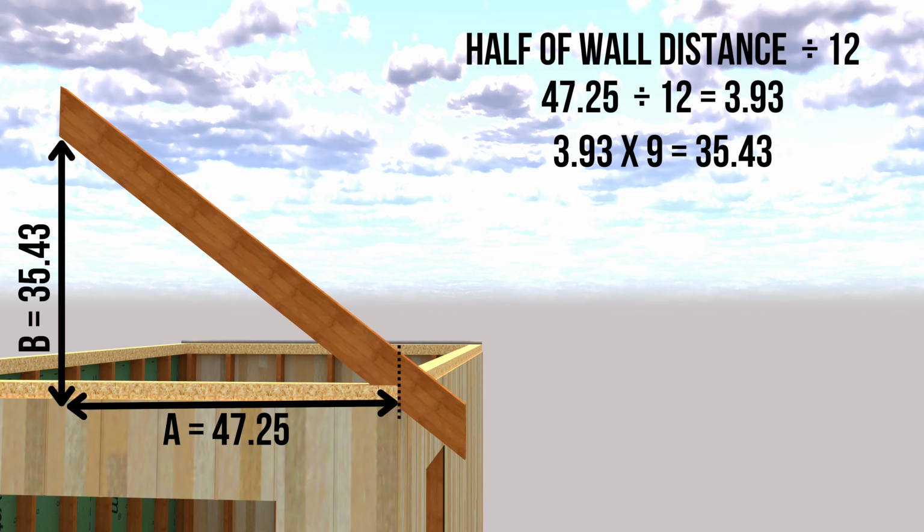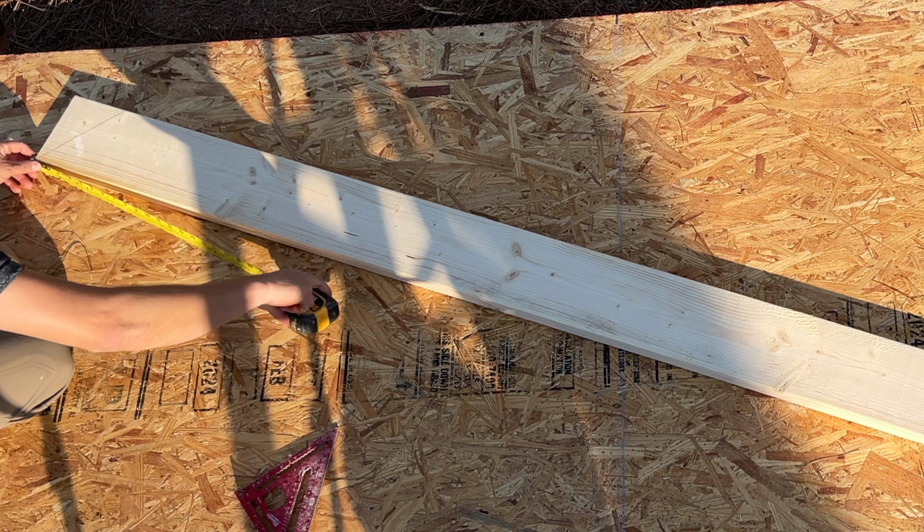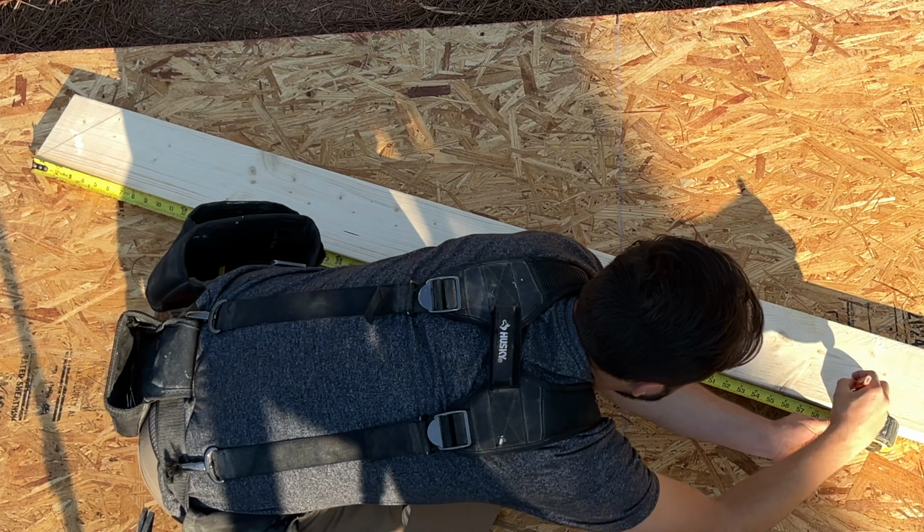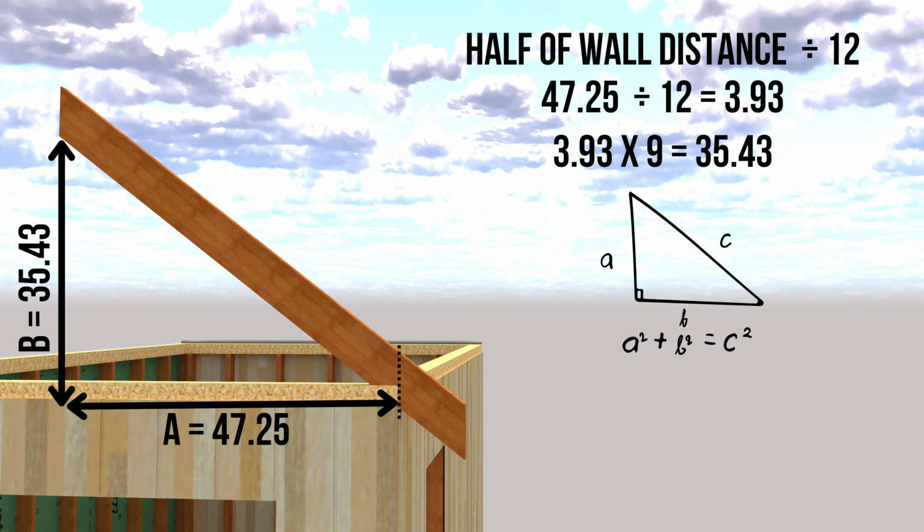Now all I need is to find out the hypotenuse, which is the distance from the top cut to the seat cut. Per the Pythagorean theorem, a squared plus b squared equals c squared. And for me, what that means is 47 squared plus 35 squared will equal c squared.